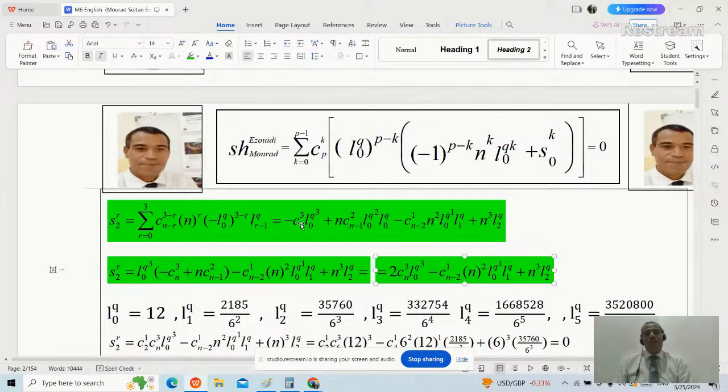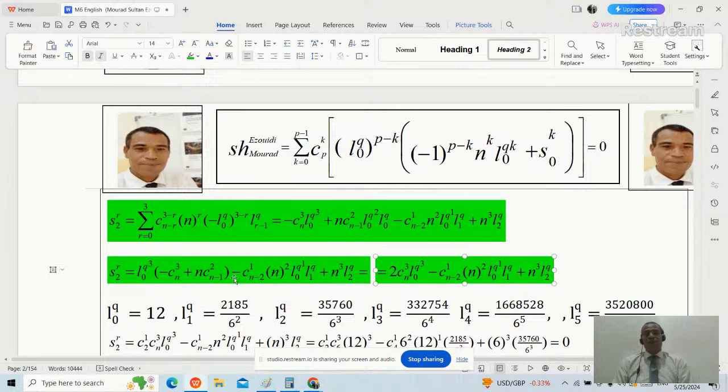A negative combination n choose 3 plus n times combination n minus 1 choose 2, I will put this into parentheses, times L0 of q raised to the power 3 because it's a common factor, minus combination n minus 2 choose 1 n squared L0 of q L1 of q plus n cubed L2.